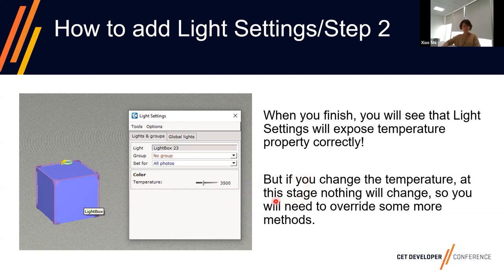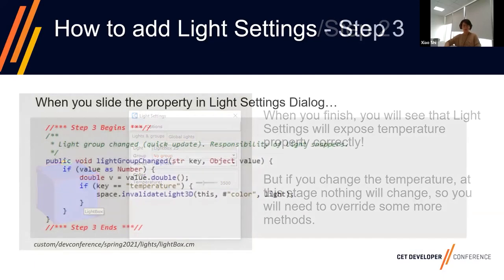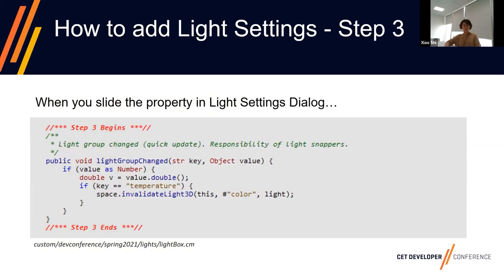But right now, if you slide this, nothing will change. Why? Because you didn't do the update yet. So you need to do the updates. When you change anything in the light group dialog, it will call light group changed. And it will pass in a key and a value.